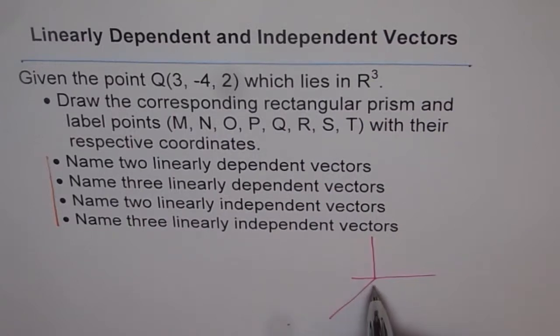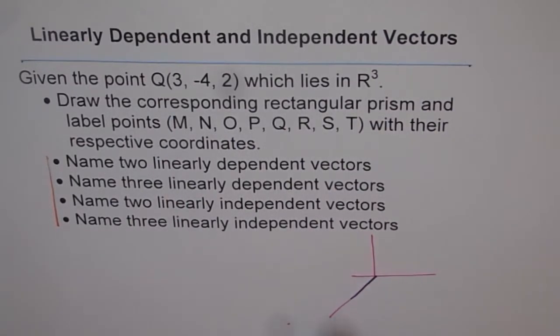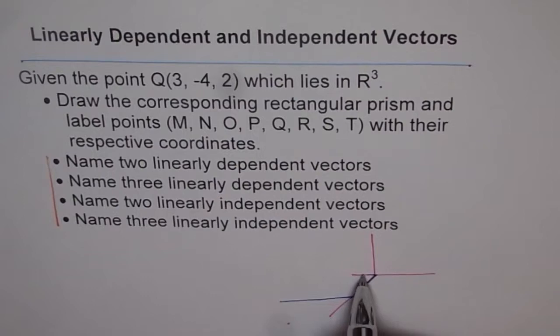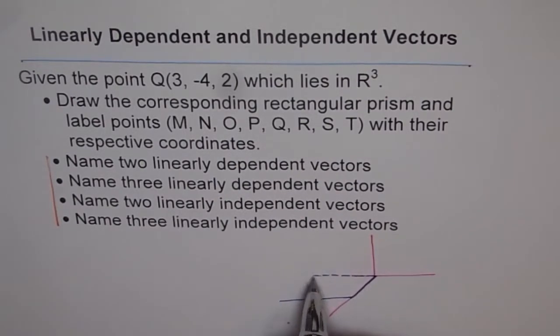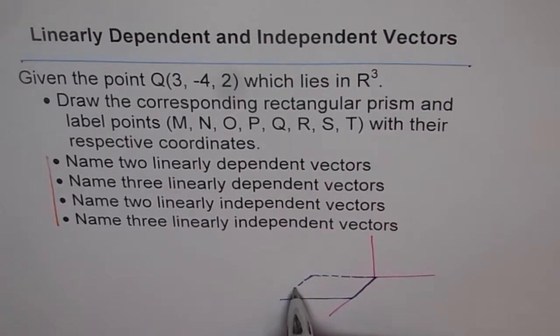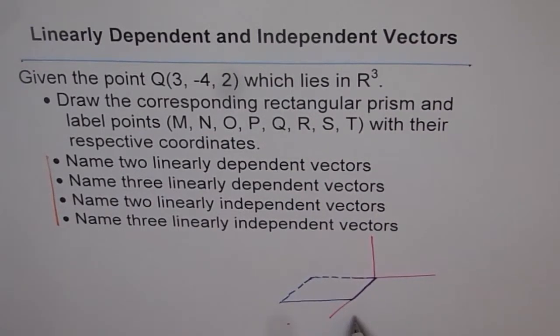This prism will be 3 units here, and then 4 units to the left. That means we have the base now. Let me draw 4 units as a dotted line, and this is the dotted line for my 3 units. So that becomes the base.